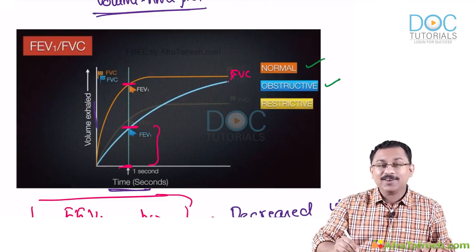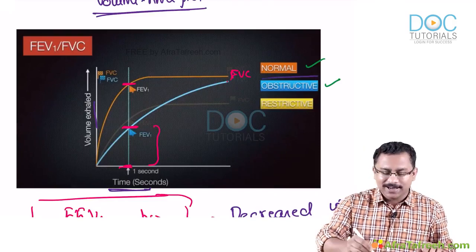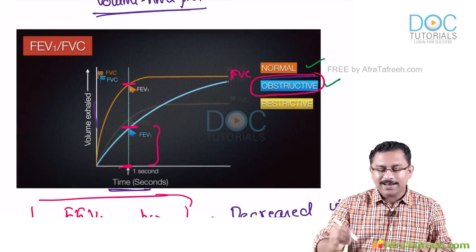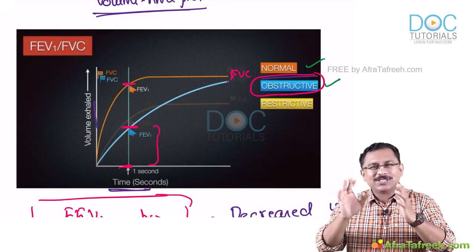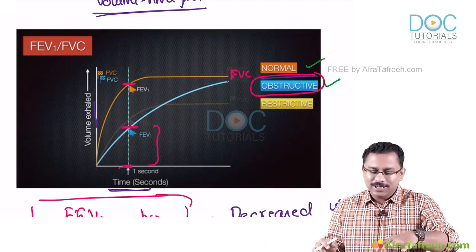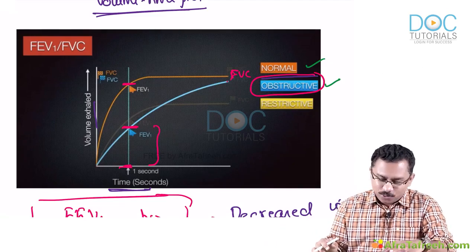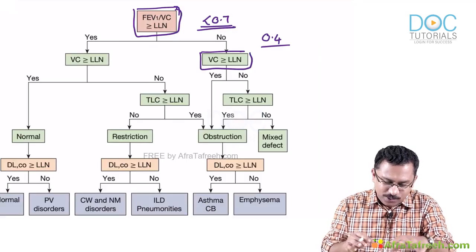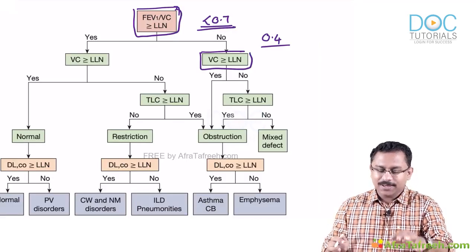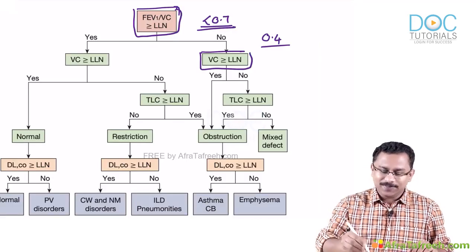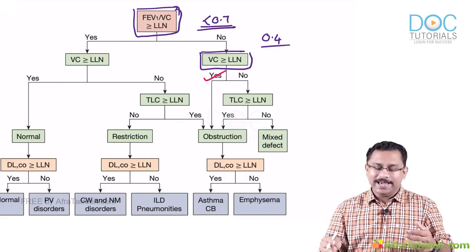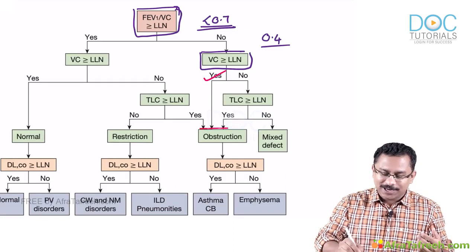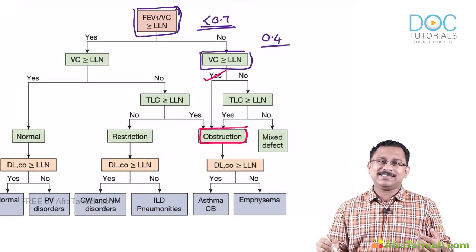As you can see in your picture, though the FEV1 is very much reduced, the FVC was almost normal, correct? So in such a scenario, when you come to this flow chart, if the FVC is normal, you are going to consider obstructive lung disease.